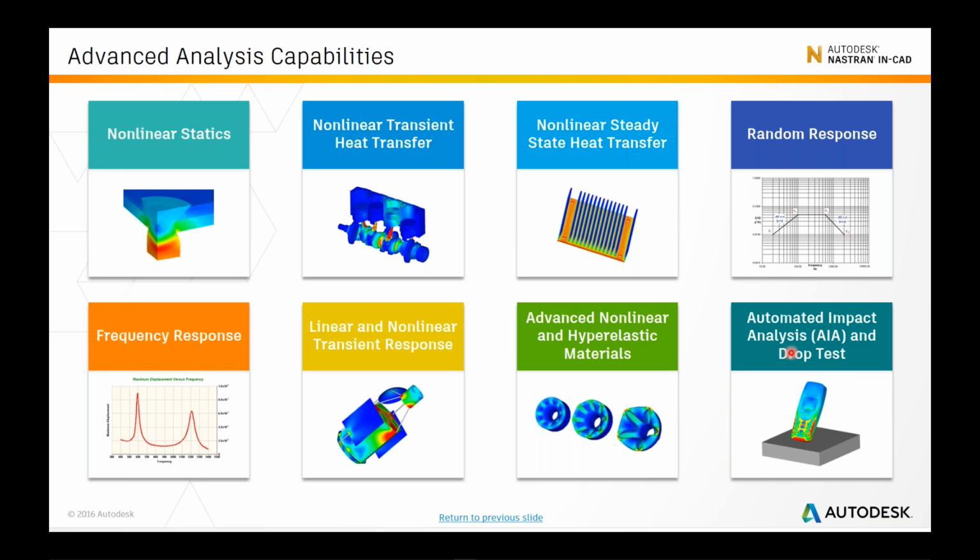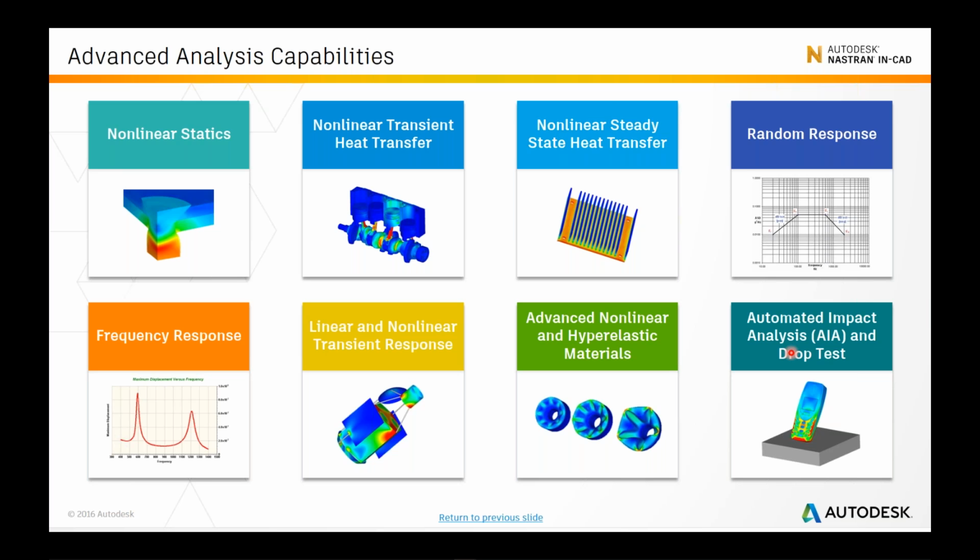This could be useful in seismic analysis and so on. And then I talked about the transient response. We have an upcoming case study on transient response where we are going to simulate a robot arm swinging, and it is affecting the bench on which it is held. So that's a transient response.